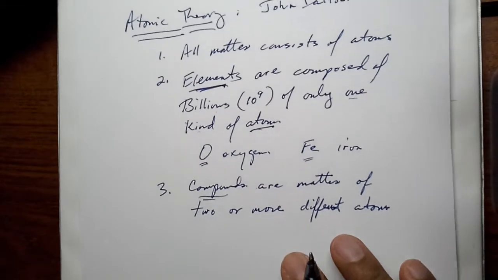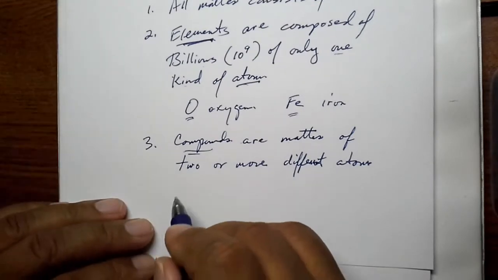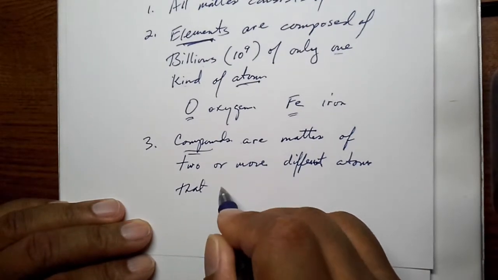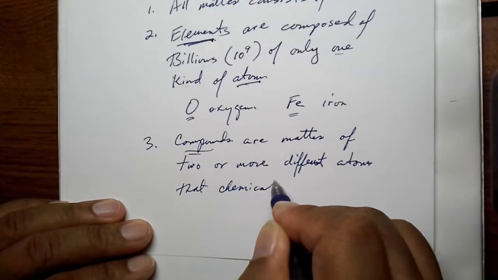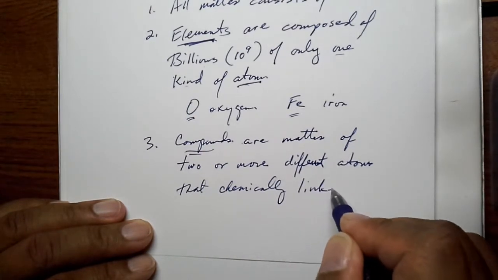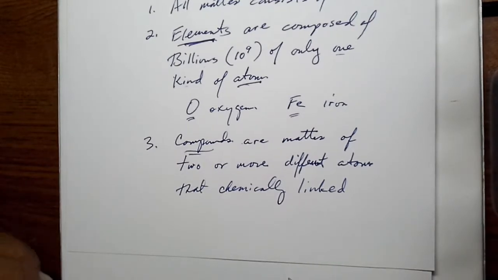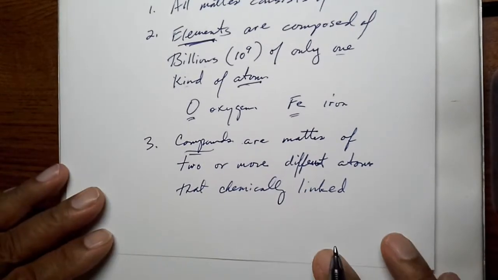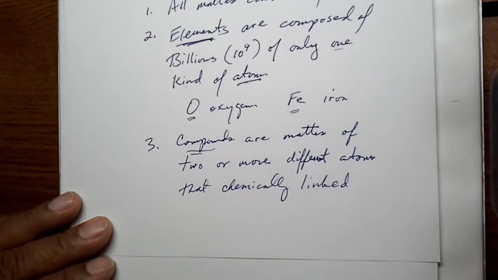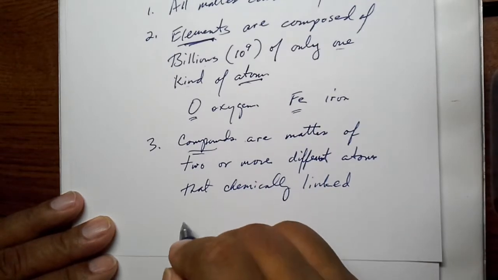Okay, so we say they're made up of different atoms, but they're chemically linked or combined. We'll talk about how this combination or linking of atoms occurs. And they're linked in fixed proportions.